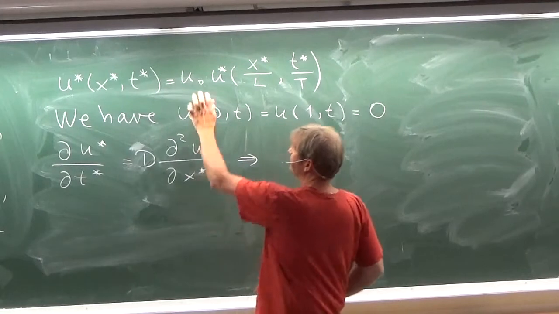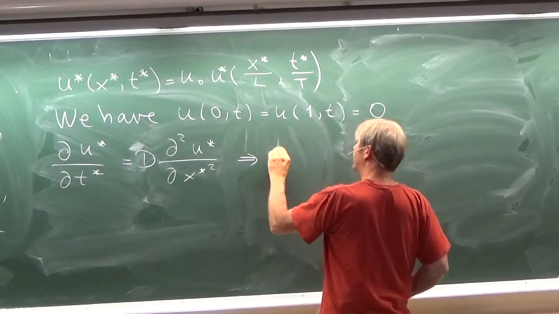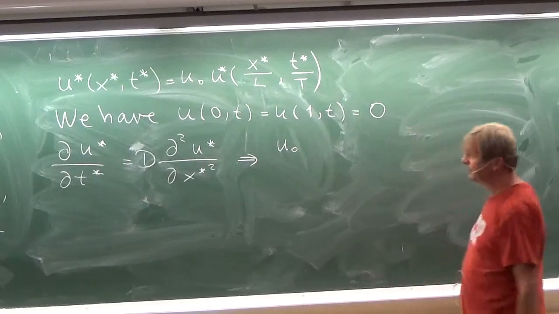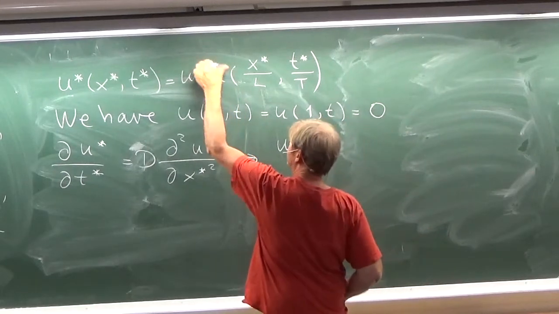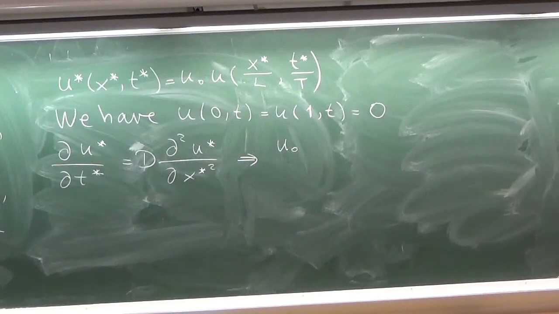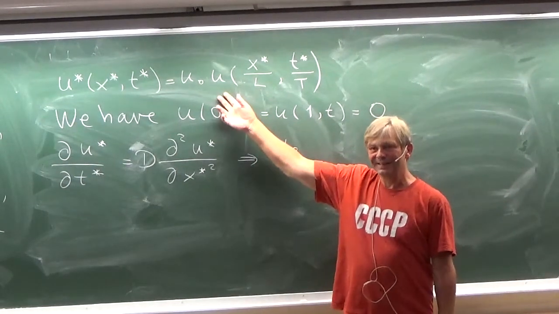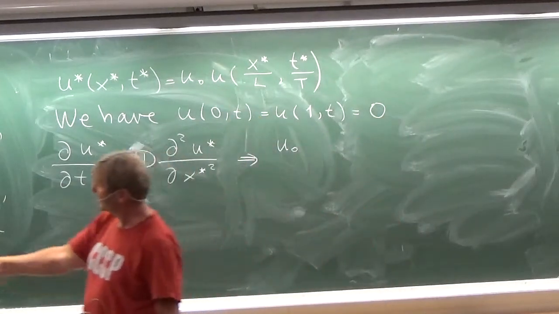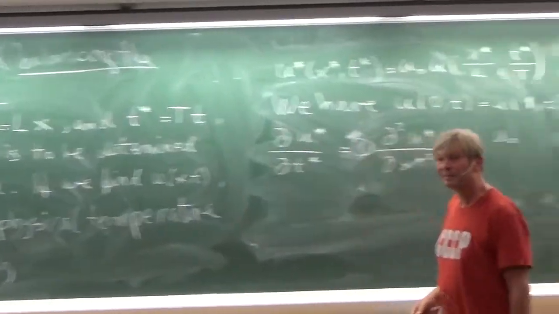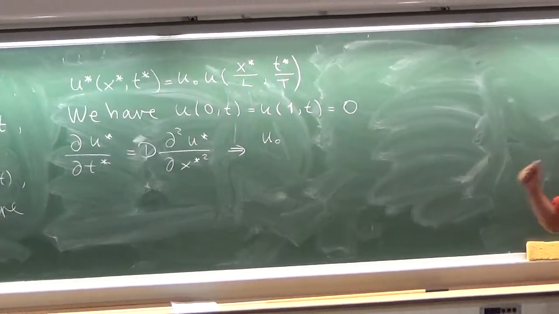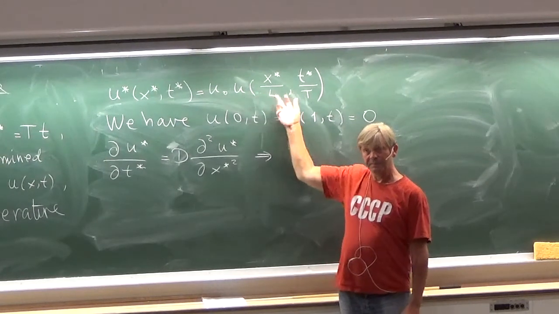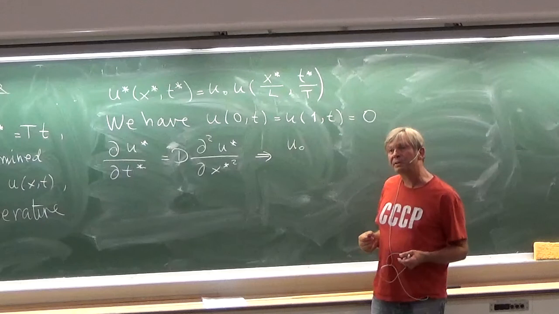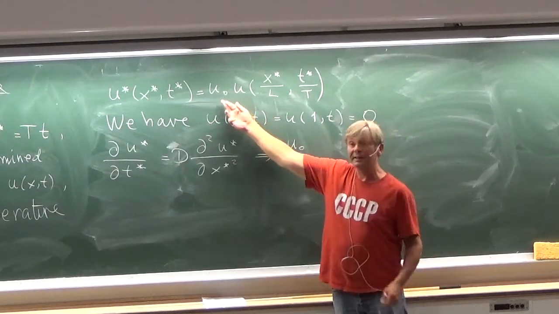This u naught will be just a factor. No star there, of course. This is the dimensionless temperature, this u. So this is a dimensionless number between 1 and 0. If I want to get back my physical temperature, I multiply this u by the u naught.